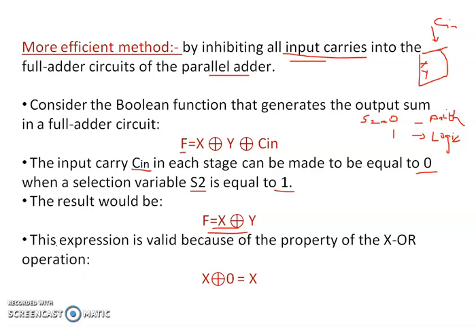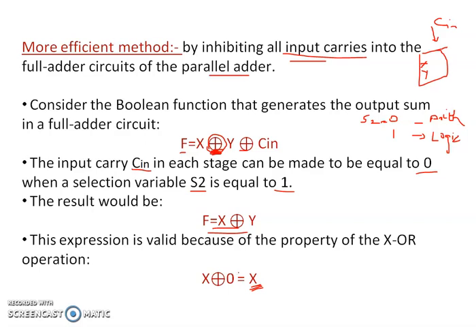This means any logic operation can be included in this symbol, not only the exclusive OR. This expression is valid because of the property of XOR operation: x XOR 0 is equal to x.